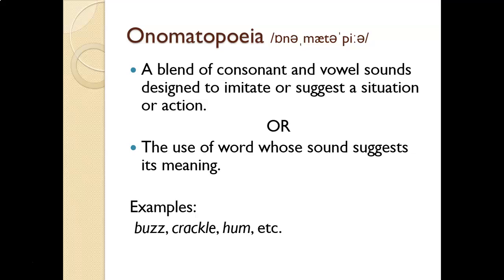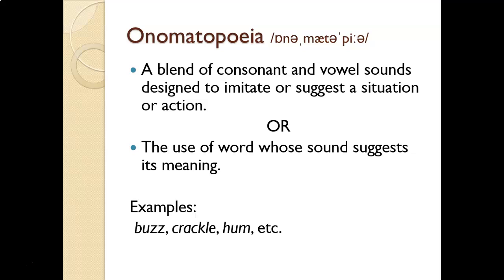Buzz. Now buzz is the word that is a verb also, and it is the very sound that is made by the insects or by flies. So when we say buzz, it is a sense that is in our mind that there is this sound also, buzz. Same is the case with crackle. Same is the sense in hum.